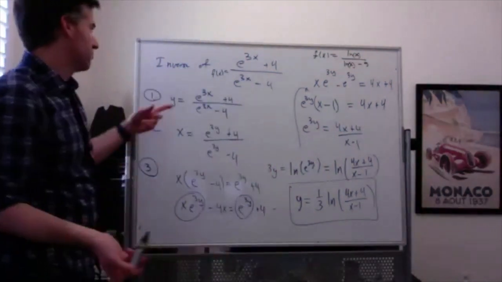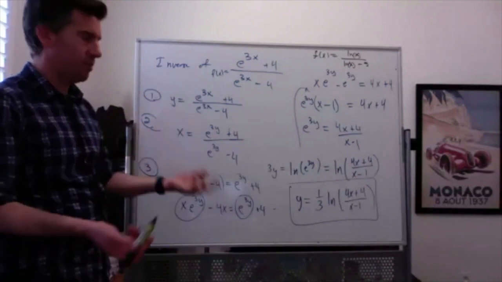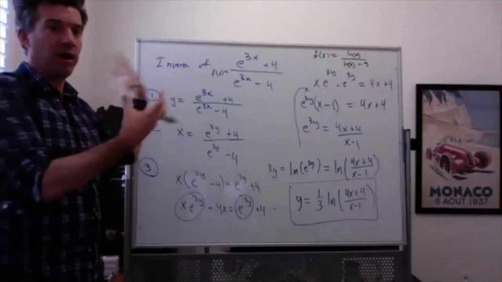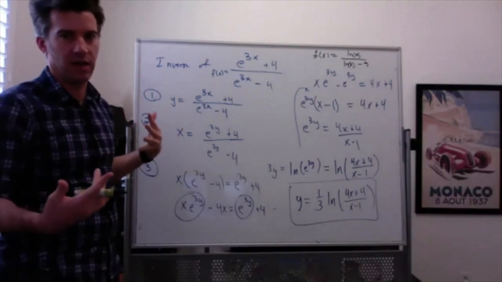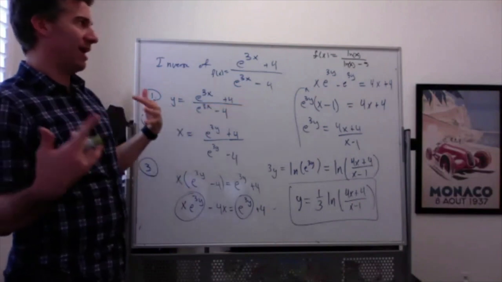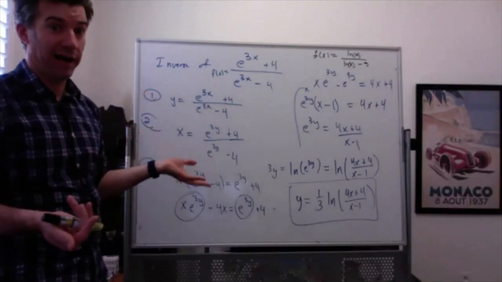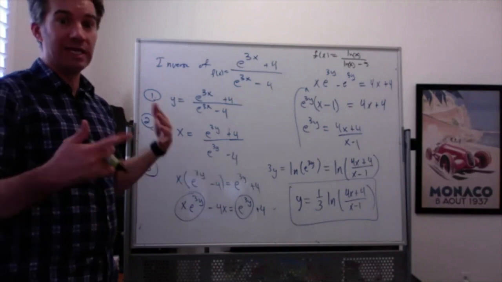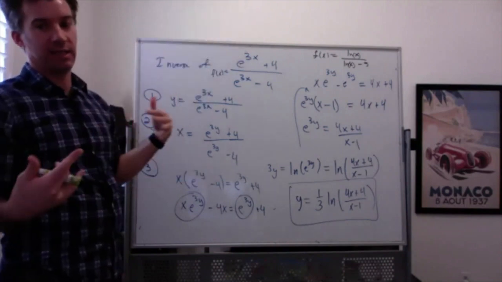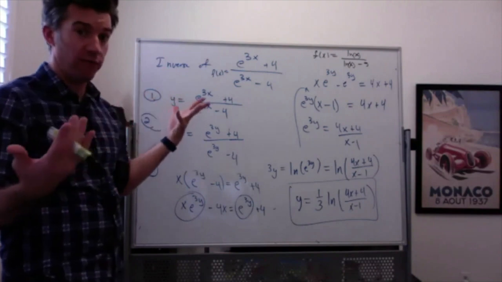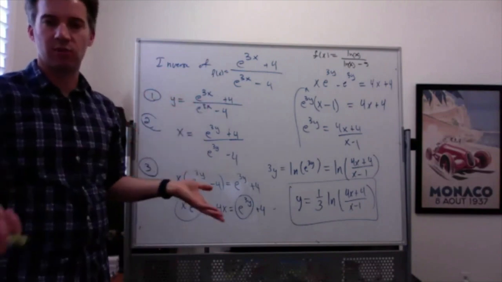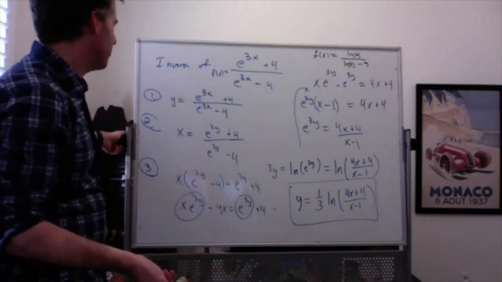You would switch them up, multiply by the denominator, bring the y's to one side, the not y's to the other side. And then once you isolated your natural log of y, you would have to do e to the whatever on both sides to get that y was equal to e to the stuff. Same sort of process. All right.